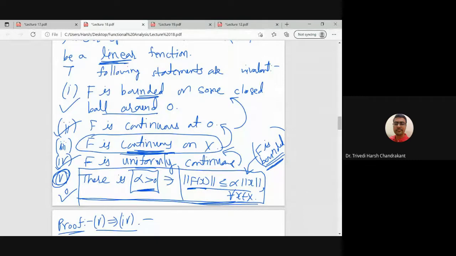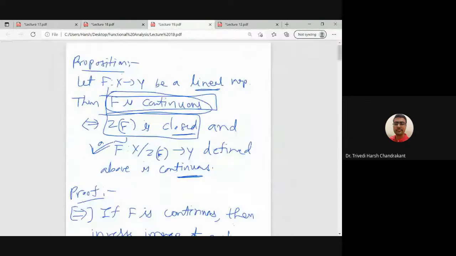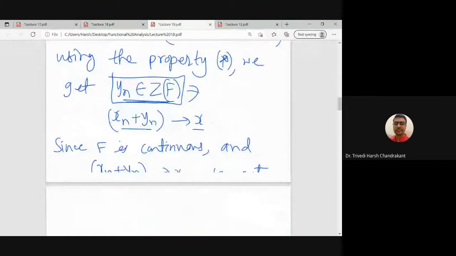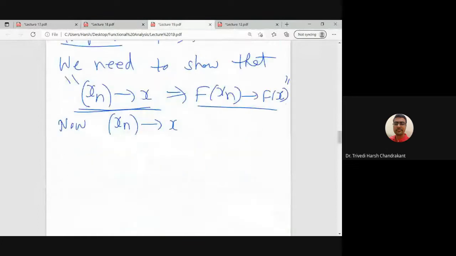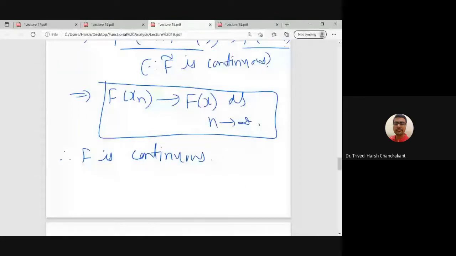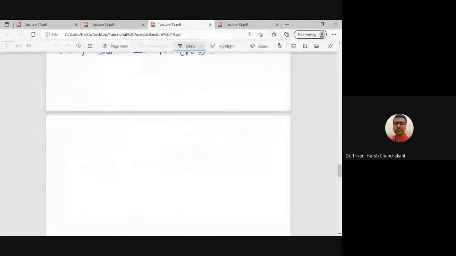So let us see some examples where we can actually apply this last condition. We'll see some examples which are in fact discontinuous functions. So obviously the domain is infinite dimensional, because if the domain is finite dimensional and the map is linear, then it is always continuous.